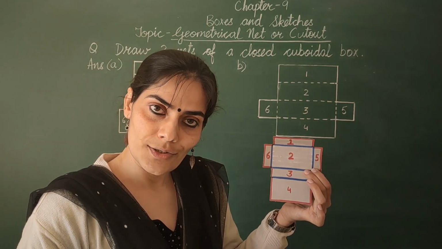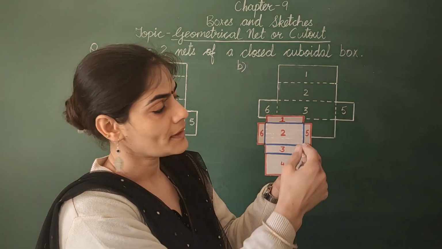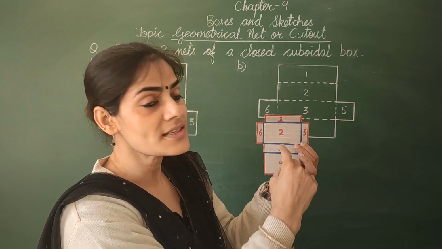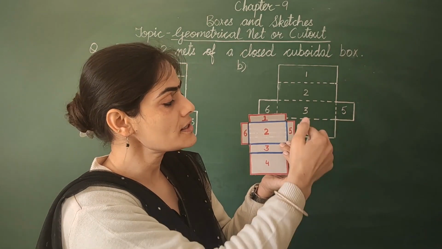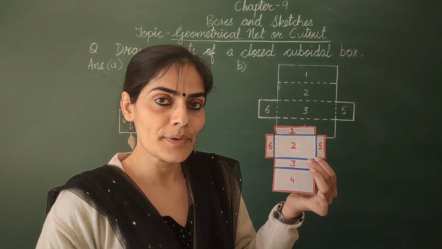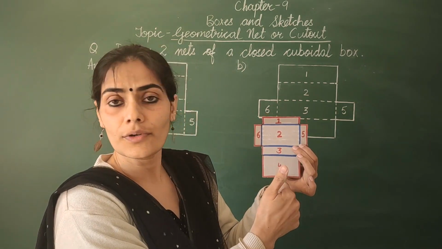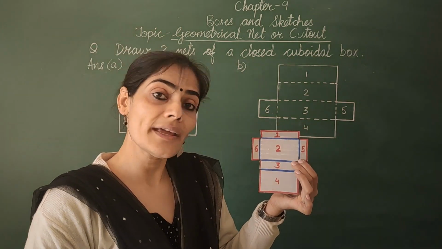Have you understood? When these 4 faces and the alternate faces are equal, then the side faces will be rectangular in shape. But what will happen if these 4 faces in a line, they are all equal rectangles?